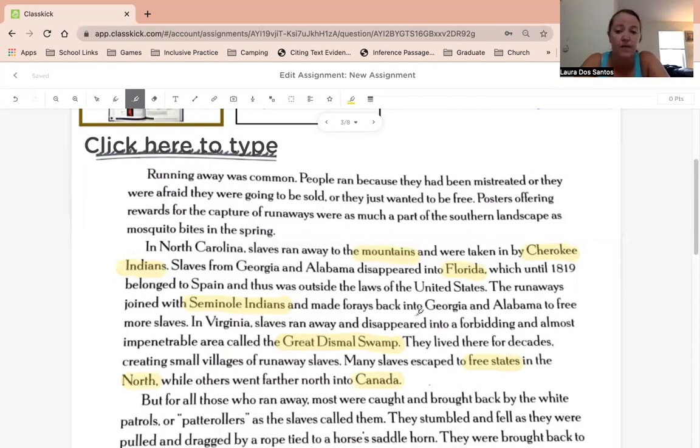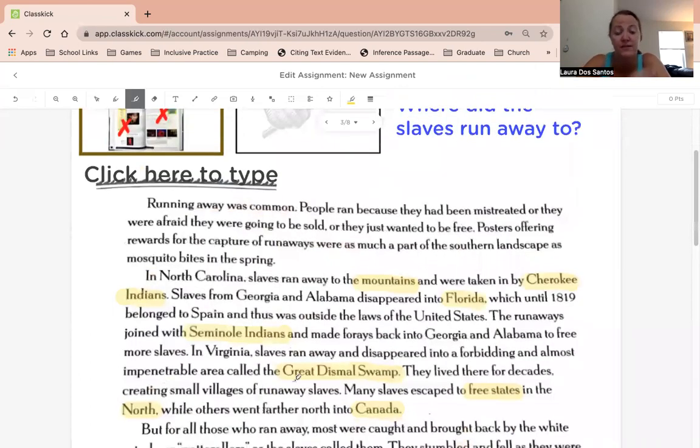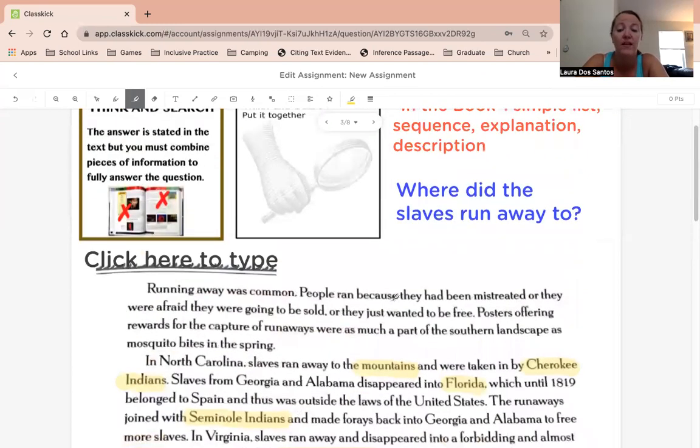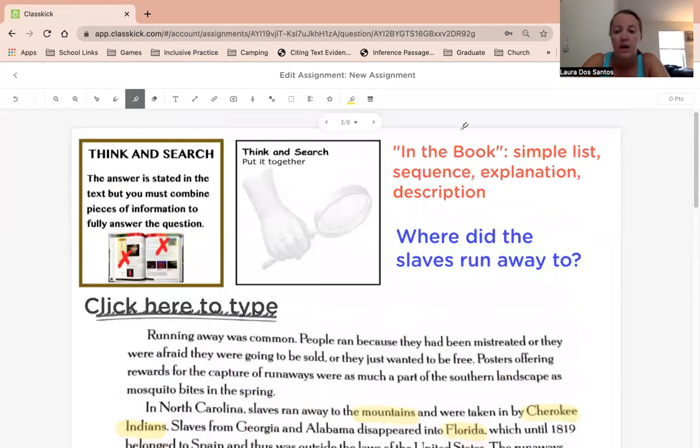So with this type of question, it's more about scanning the information. I have to scan multiple sentences and maybe even multiple pages to find the answer to this question. So that's how the think and search question is a little bit different than the right there question. It also can be broken down into subcategories, which is great for fourth graders and above to learn: simple list, sequence, explanation, or description.